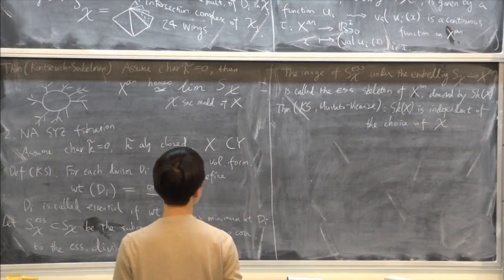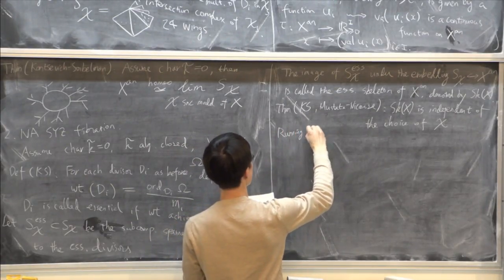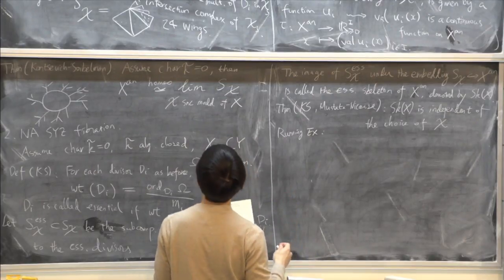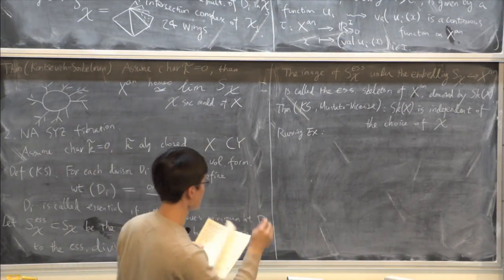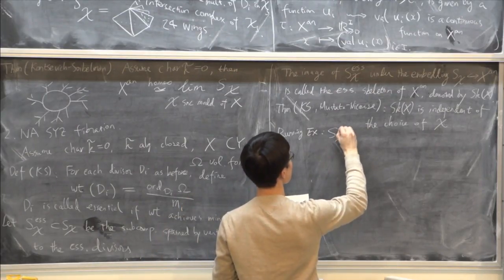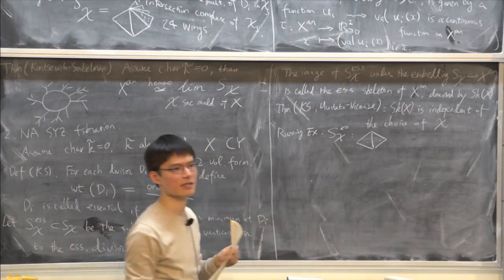So our running example, in the case of K3, the essential skeleton is just the tetrahedron inside. We ignore the wings.